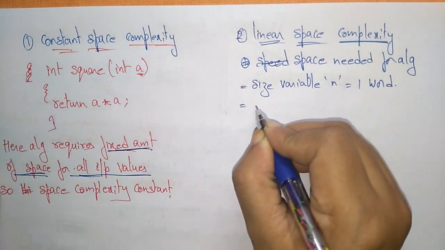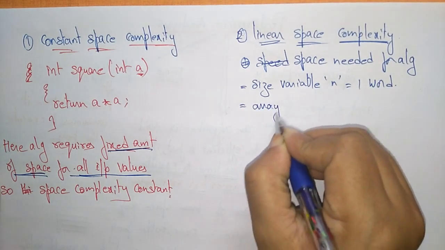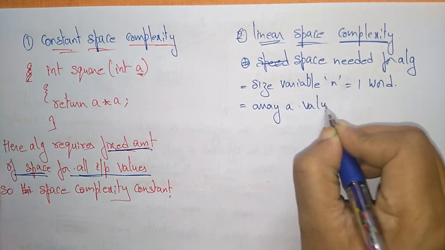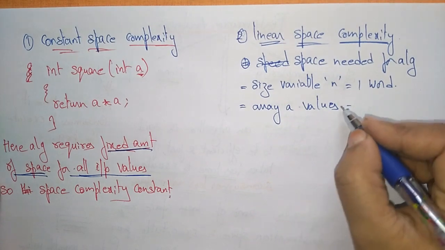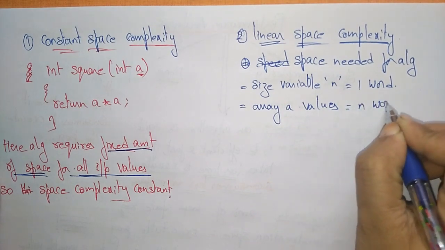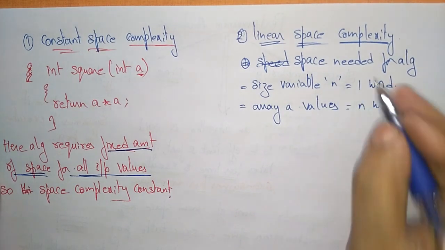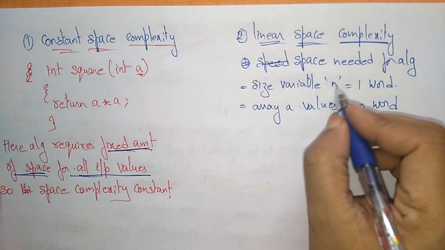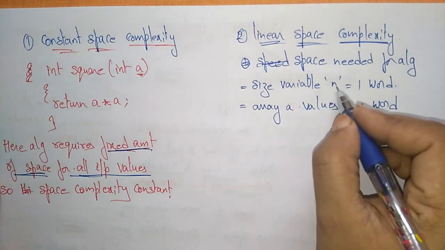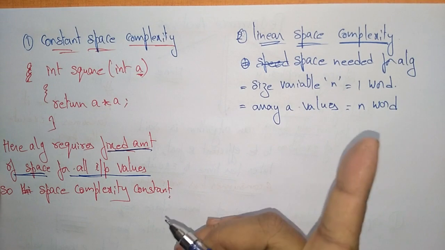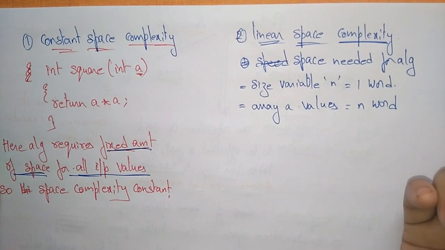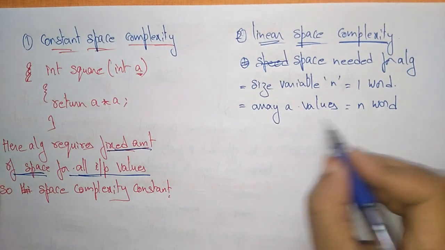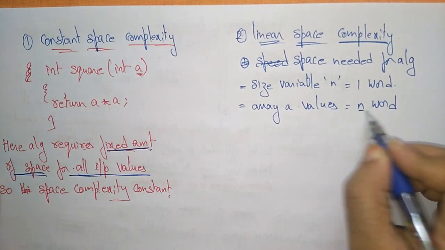If you are using an array of a values, it takes n words. A single variable has one word; if you take two variables, it takes one word each. An array of a values, you take as n words.